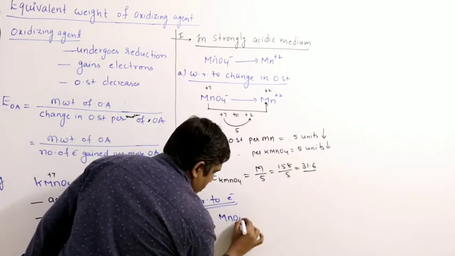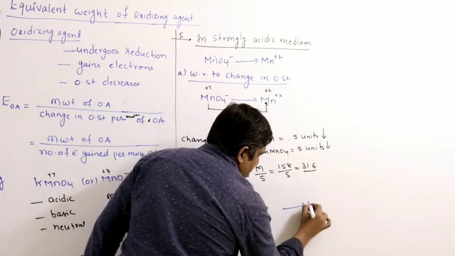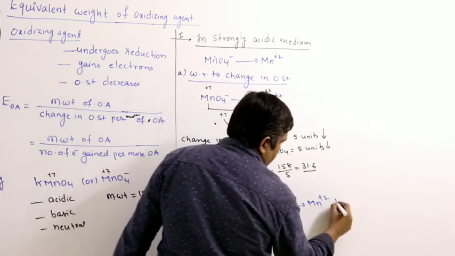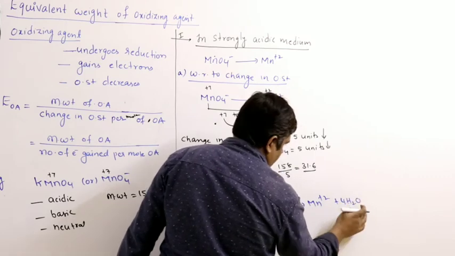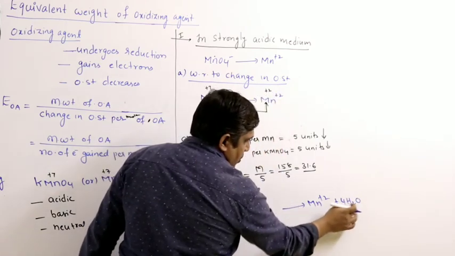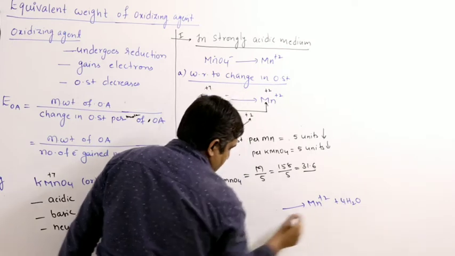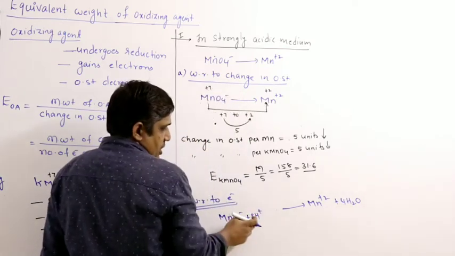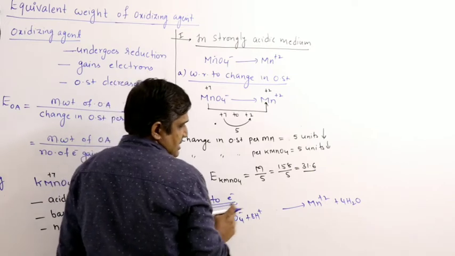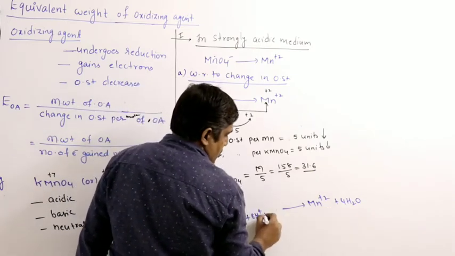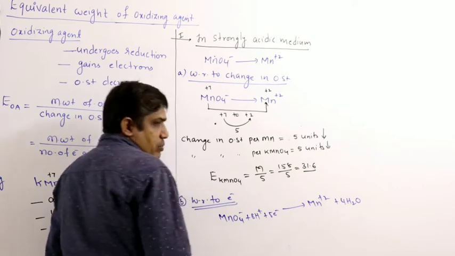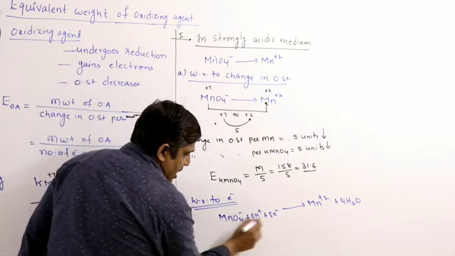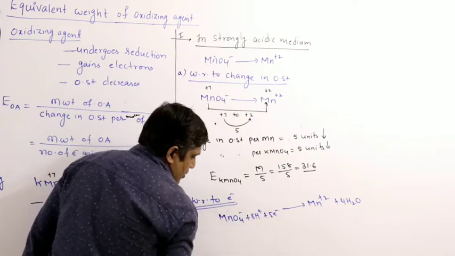So MnO4 minus gives Mn plus 2. 4 oxygens, so I have to write 4 H2O, but due to the addition of 4 water, 8 hydrogens are increased. Since this is acidic medium, add 8 H plus. Minus 1 plus 8 is plus 7, and here you have plus 2, so I have to add 5 electrons to balance the charge. So 1 mole of permanganate ion gains 5 moles of electrons.